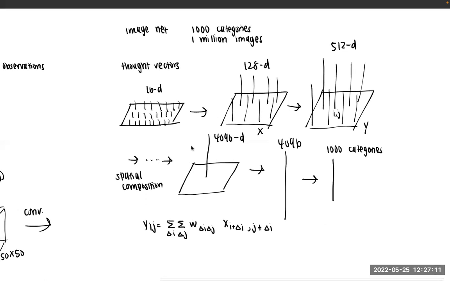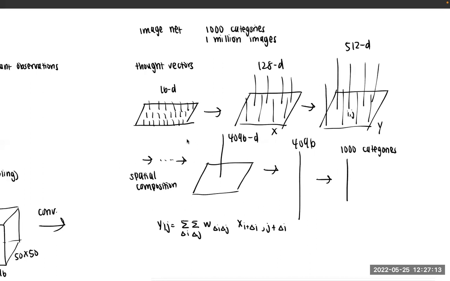Also, as I mentioned, at each layer you see bigger and bigger patterns. So here at each position, this is a vector about the edges at different locations. Each dimension of this vector may indicate whether you see an edge at a particular orientation. So each dimension may correspond to a particular orientation. And here, this one is a composition of the vectors below, so you see a bigger pattern.